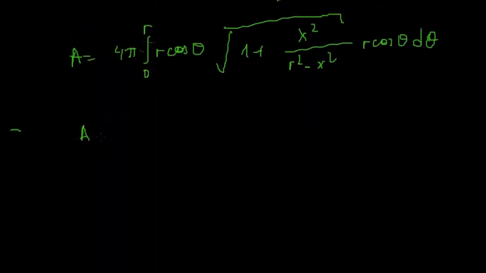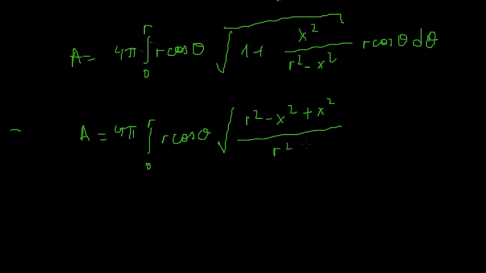Then the area is equal to 4 pi evaluated between 0 and r, right? Yes. Am I doing this right? 0 to r, r cosine of theta, square root of r squared minus x squared plus x squared divided by r squared minus x squared, r cosine of theta d theta.